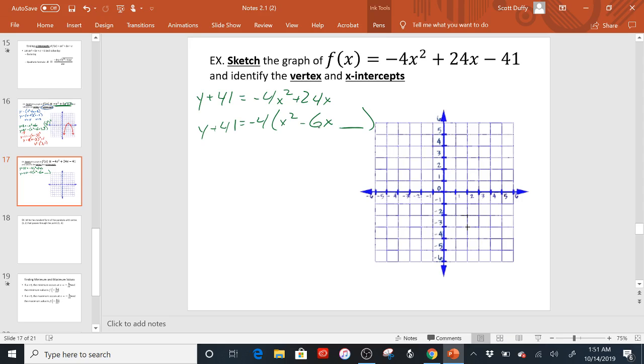Half of negative 6 is negative 3. Square that, it's 9, so I'm adding 9. But that's really negative 4 times 9, so that's negative 36.